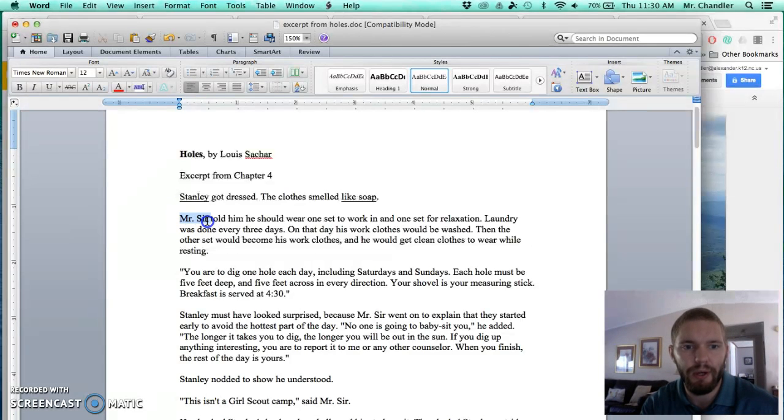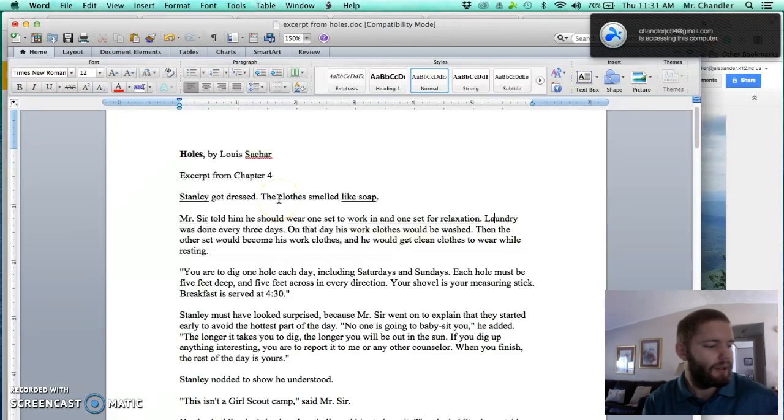Mr. Sir, we know he's a pivotal character in this, so you can underline that. One set for relaxation. You can underline this, and then off in the margins, you can make a comment about what exactly it means for relaxation.